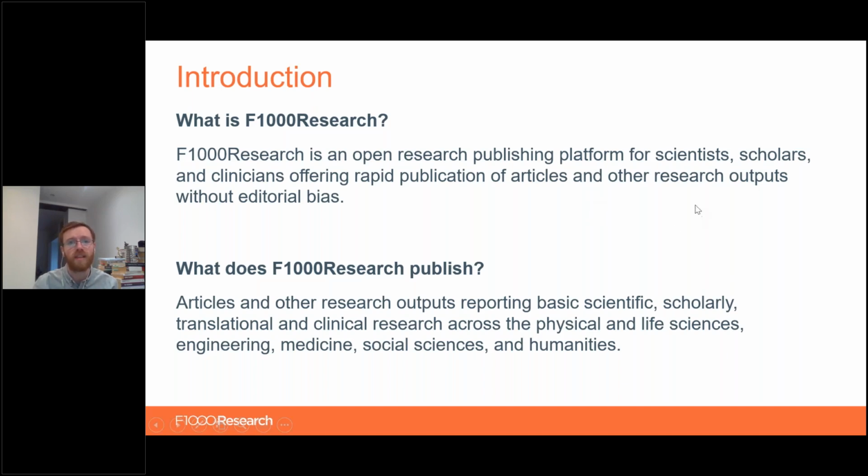And this is really where the role of open peer reviewing comes in, as I'll explain. All articles on F1000 Research are peer reviewed after publication by experts in a range of academic fields, and that is where the judgment is made on whether the articles in question are of good scientific or academic quality.